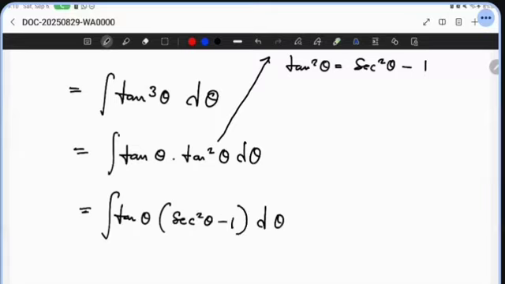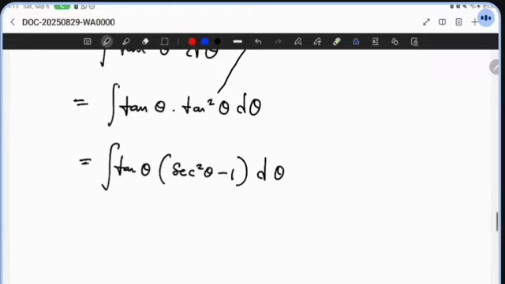At this point, you can distribute the tan, or you can choose your u. U substitution now at this point can actually work. You can choose your u, but let's distribute first.